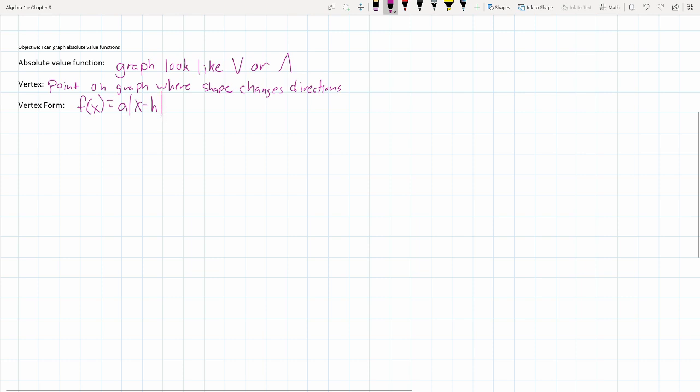A couple things we need to know about the vertex and the absolute value: our domain is going to be all real numbers, and our range uses the vertex. It's always going to use the vertex, and I don't use the word always very often. Always uses the vertex.